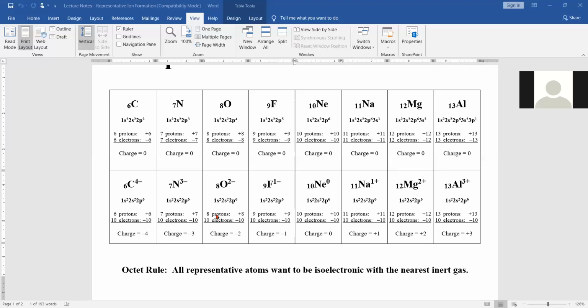Neon has 8 valence electrons, argon has 8, krypton has 8, xenon has 8, radon has 8. Although I prefer to look at it this way, since helium is an exception to that rule.